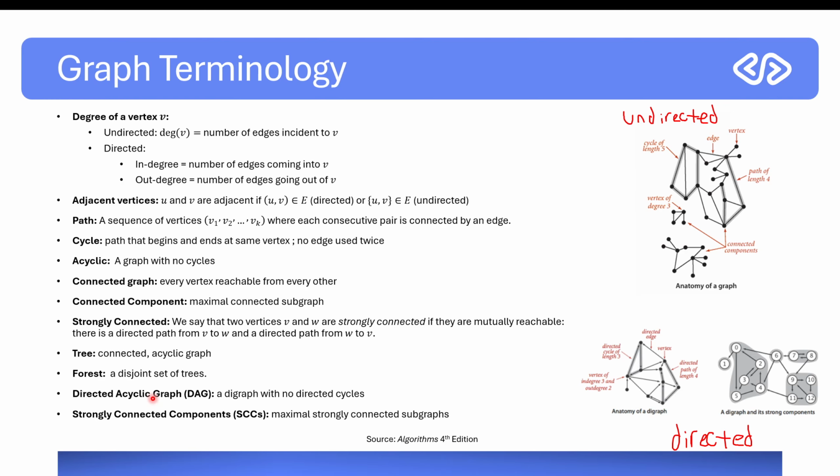So those are graphs where, like, we'll draw one here. So a DAG is a directed graph with no cycles. So here's a DAG. The simplest DAG I can draw with 3 vertices would be something like this.